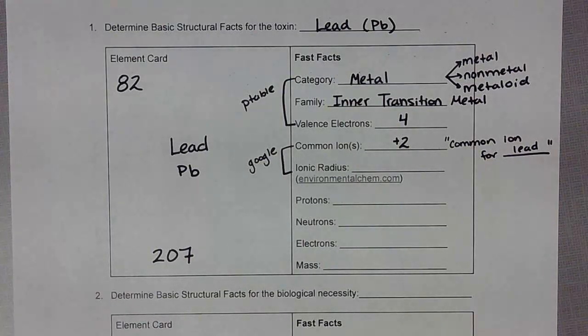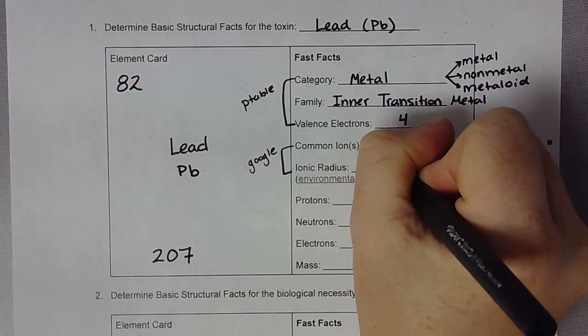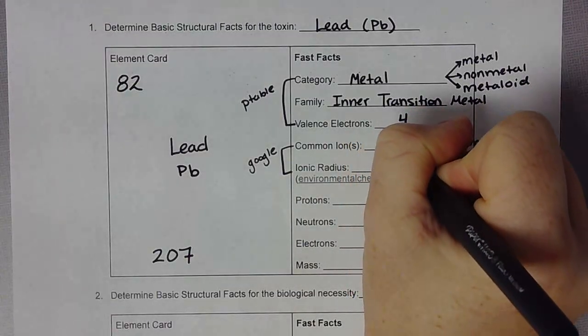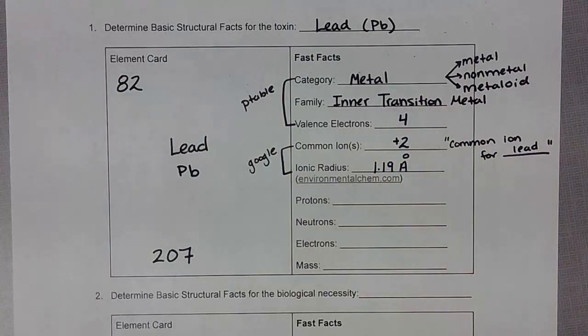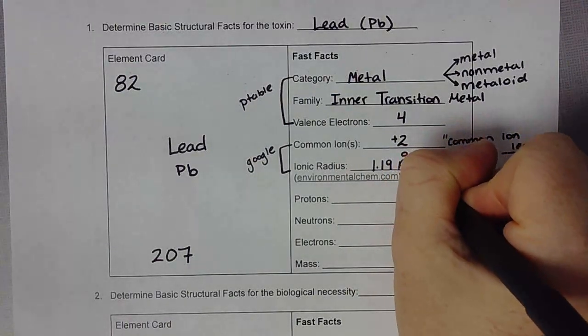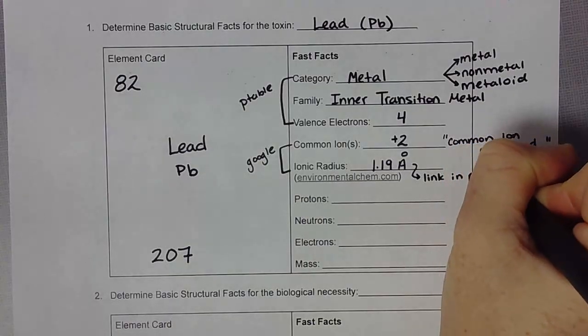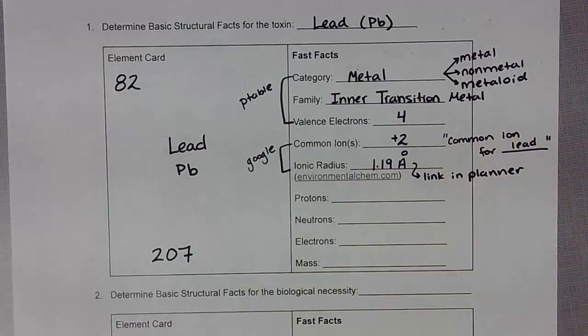I'm going to scroll through it and find lead. And the ionic radius for lead is 1.19 angstroms. But please use the link provided in your planner to identify this information.